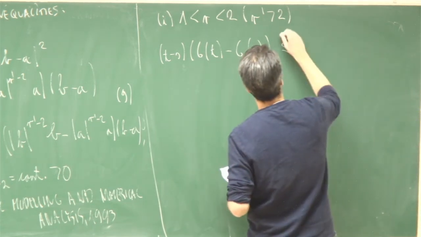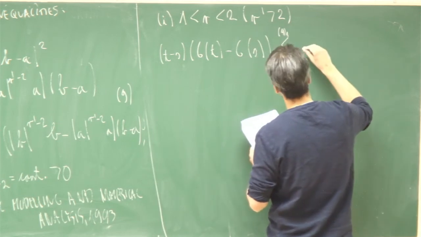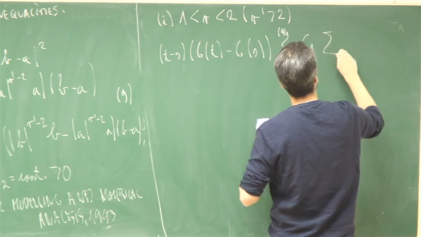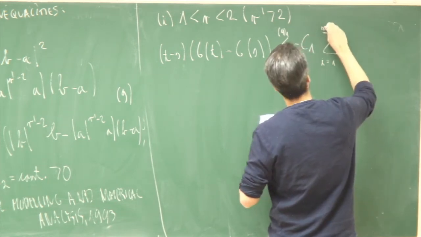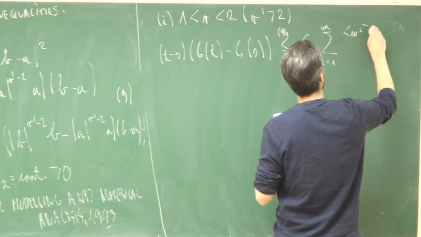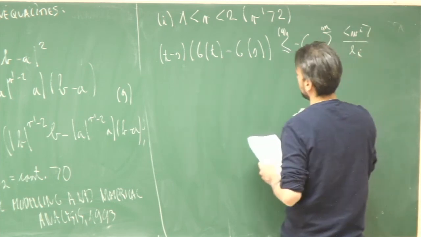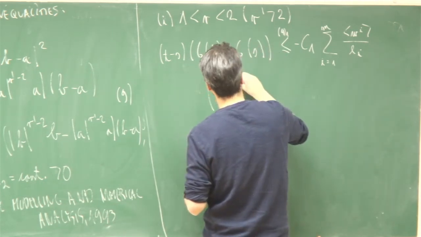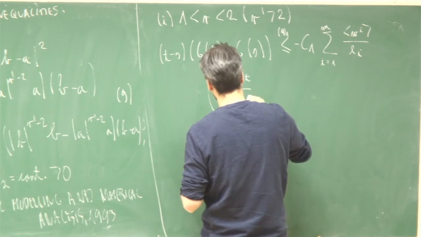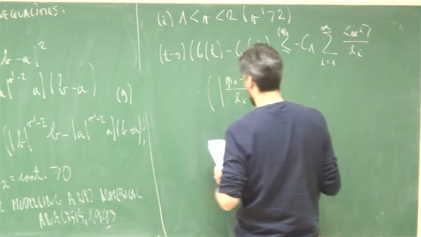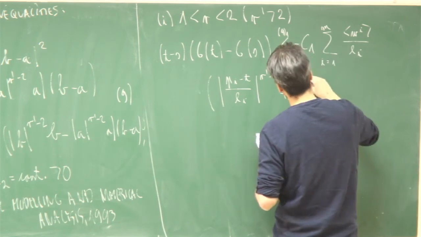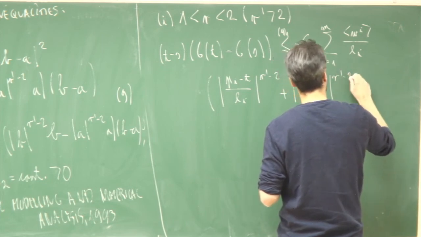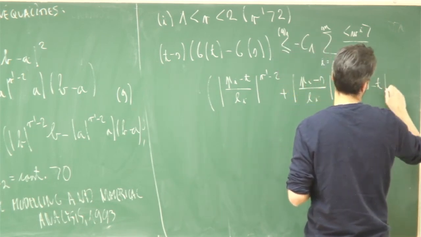So by 9.1, this is less than or equal to minus c1 times the sum from 1 to m of vi over li times (|(pi − t)/li|^(r−2) + |(pi − s)/li|^(r−2)) times (s − t) squared.